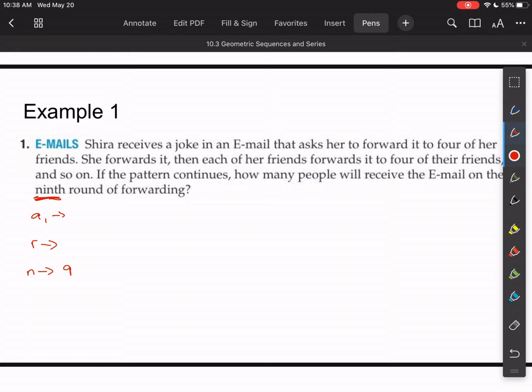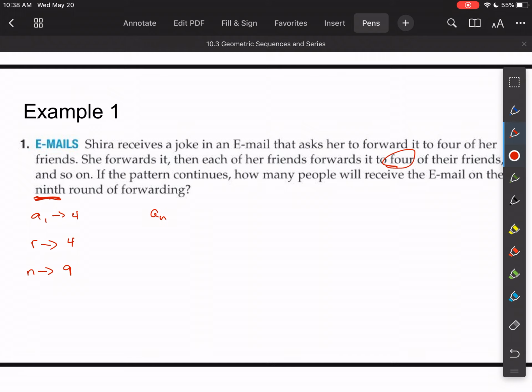So the common ratio here, each time we're multiplying by 4, and we begin with 4. The first email comes to you and you have 4 people that you're forwarding it to. So we start with 4, and then we multiply by 4 each time after that. So let's just plug these things into our formula.